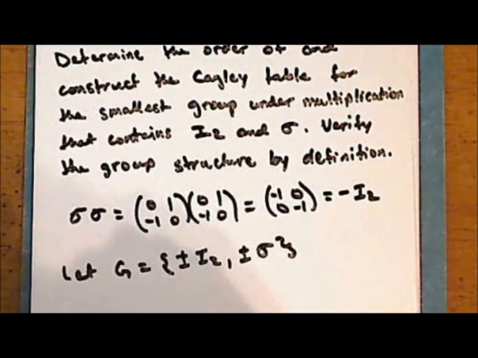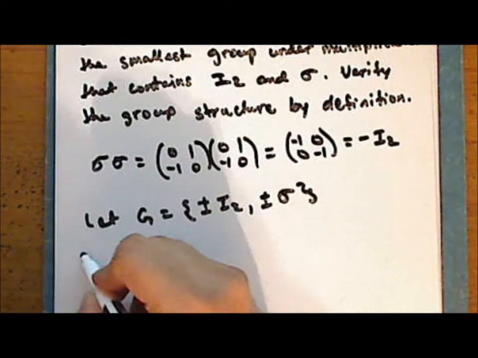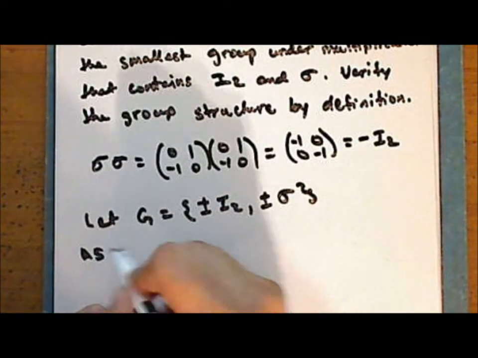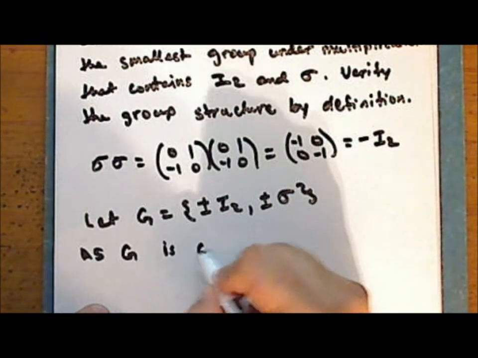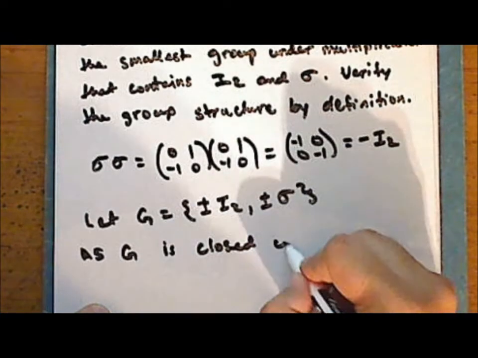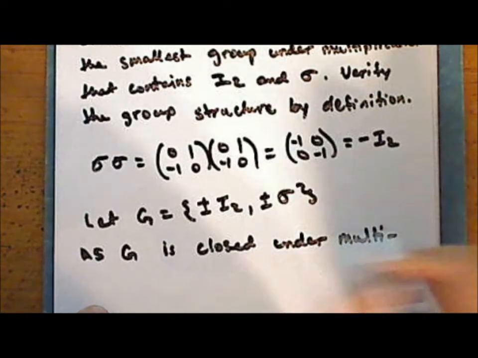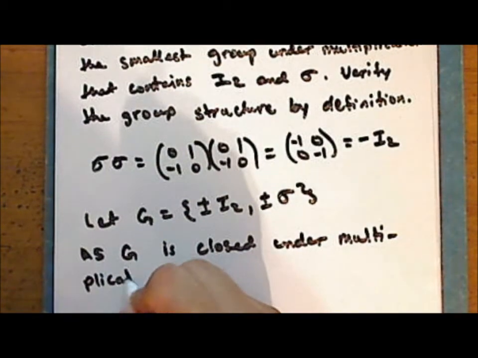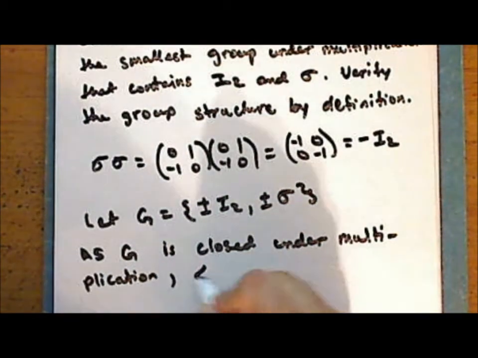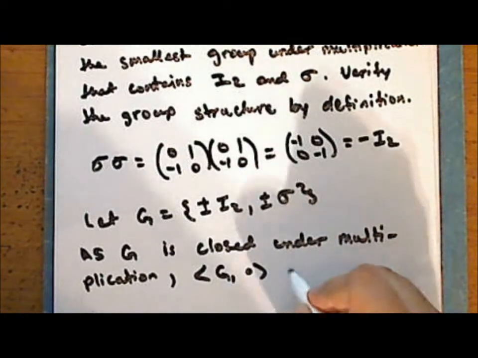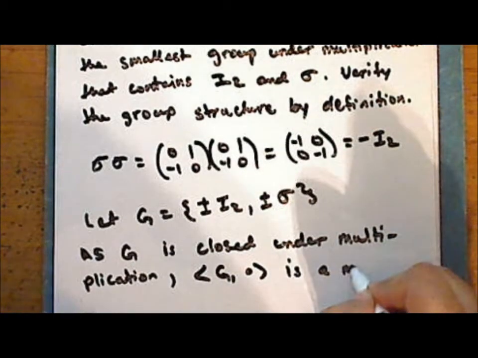So as the set G is closed under multiplication, the set together with the operation of multiplication is a magma.